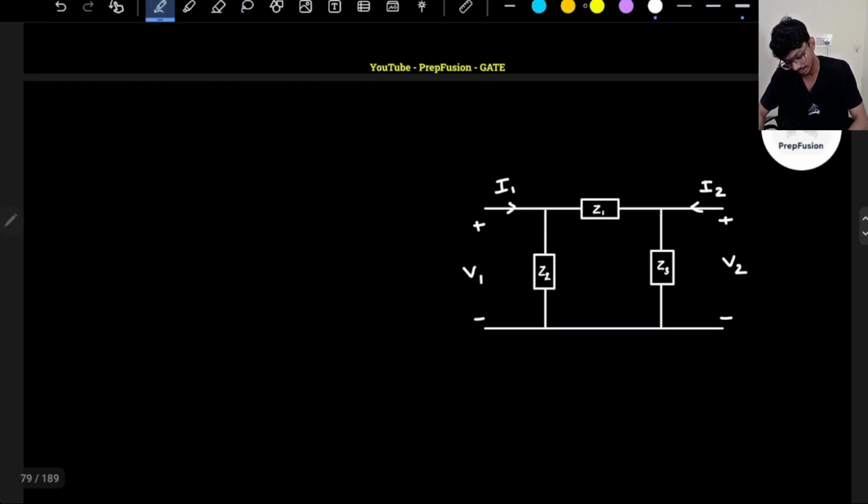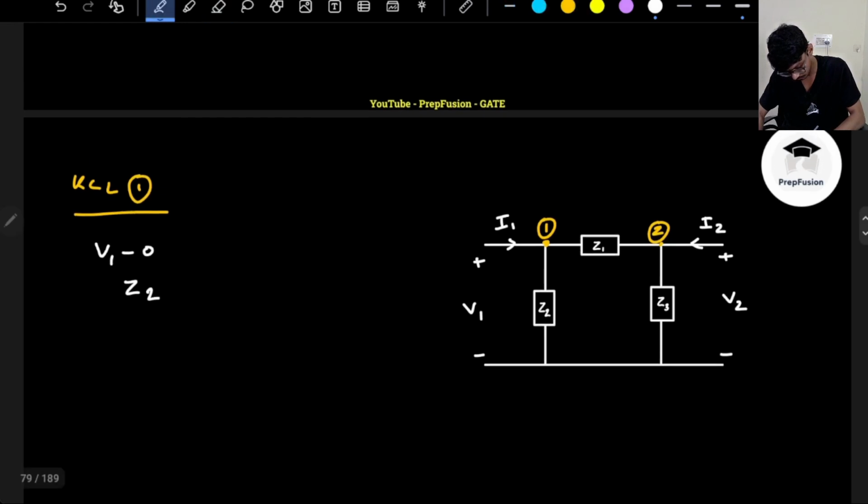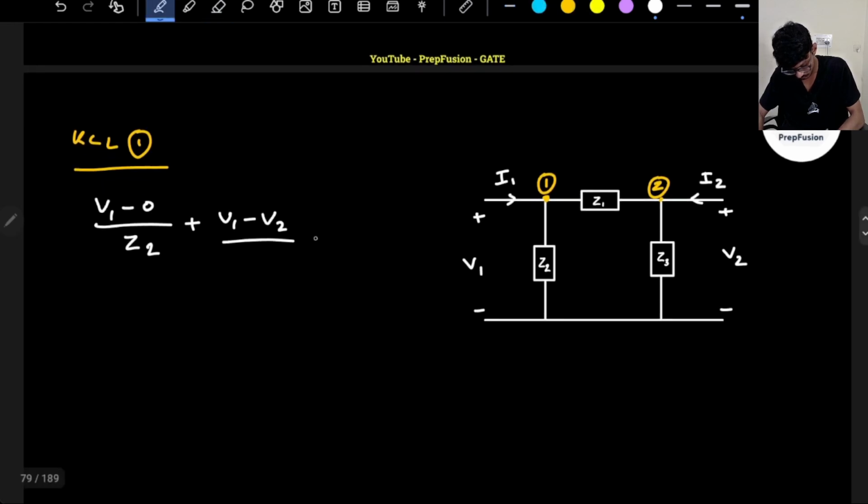I have this network, so I can write two KCLs, one KCL at this node, another KCL at this node. So KCL at node 1. This potential is V1, so it will be V1 minus 0 divided by Z2 plus V1 minus V2 divided by Z1, minus I1 equal to 0.